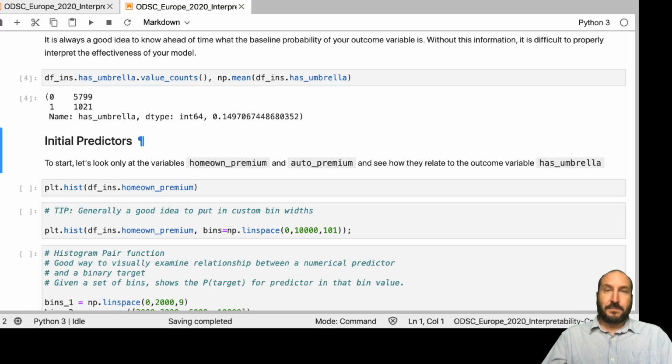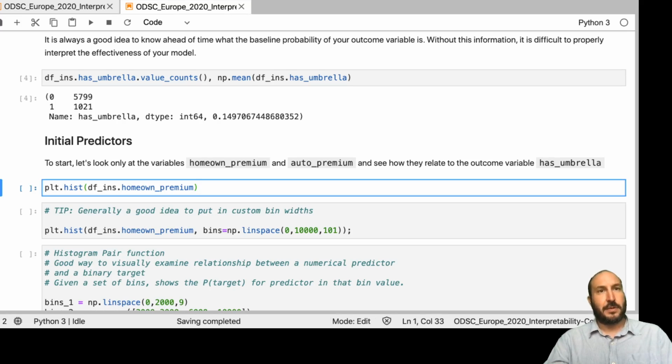Generally, if you have higher premiums, you might expect that means the person has a more expensive house, and for auto, a more expensive car, perhaps. So we're going to explore whether this holds true.